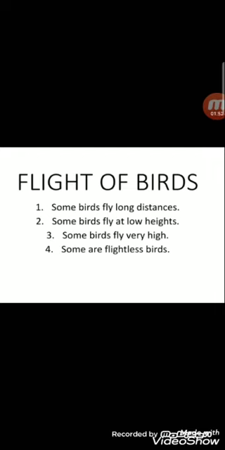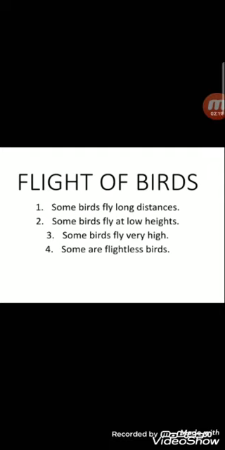And some are flightless birds. What is a flightless bird? The birds which do not fly. कुछ birds ऐसे हैं जो उड़ नहीं सकते. It doesn't mean that they don't have feathers. They have feathers on their body, but some birds are very big in size so that they cannot fly because their body weight is too heavy.